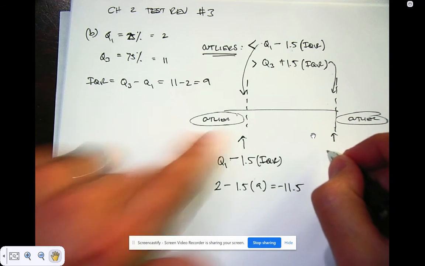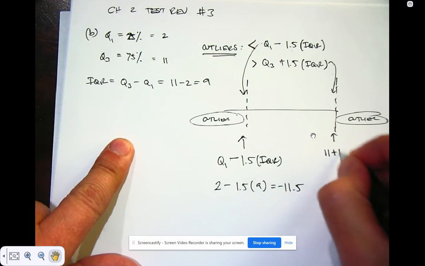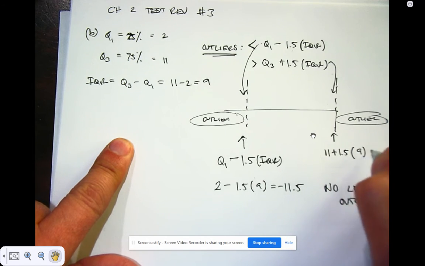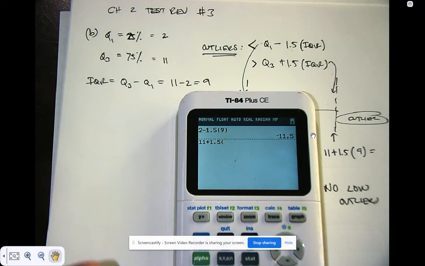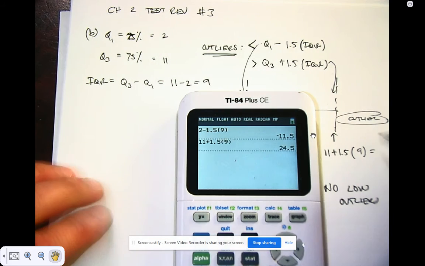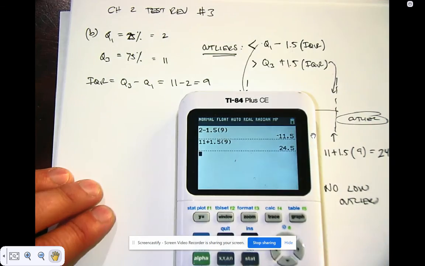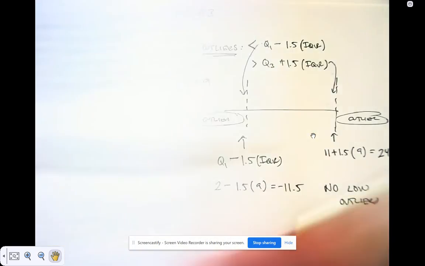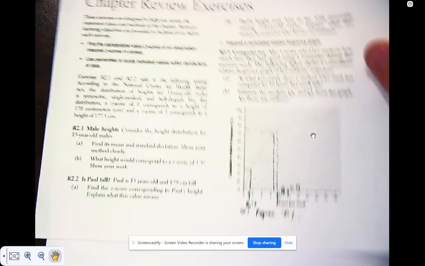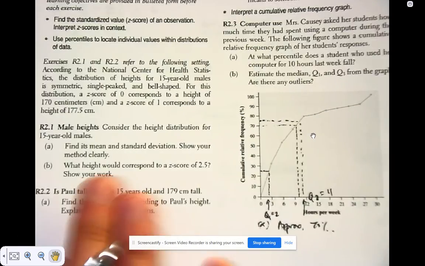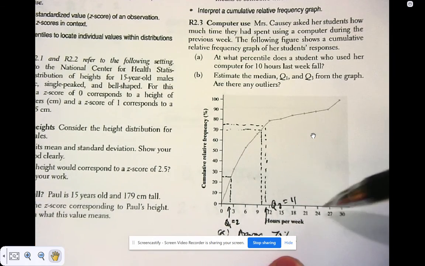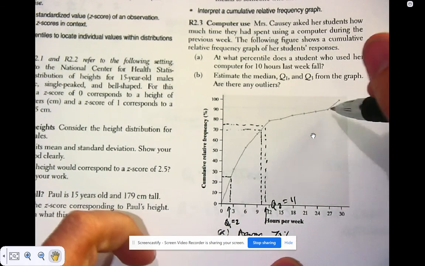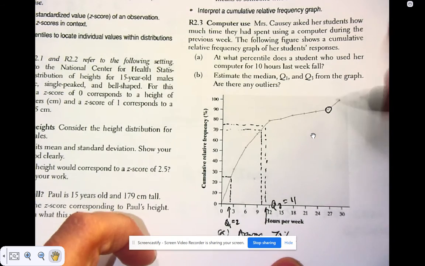Okay, let's find this number. We're going to take quartile 3, which is 11, and add 1.5 times IQR. So if you take 11 and add 1.5 times IQR, you get 24.5. Back here, let's look. Are there any students that use a computer for over 24 and a half hours? It seems like it, because you have this value right here at 27, and you have this value here at 30.